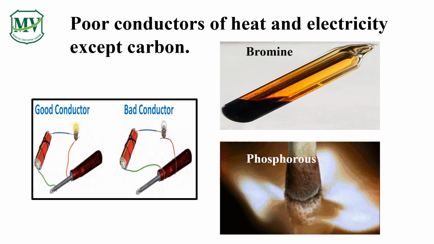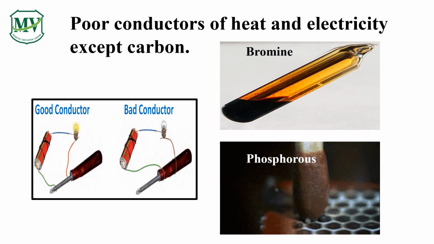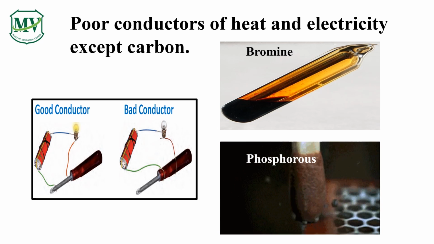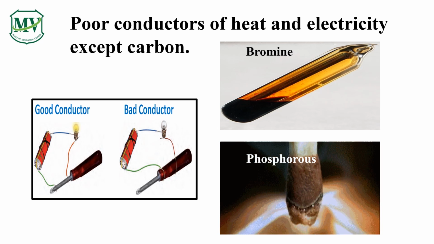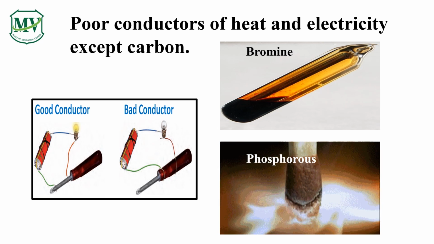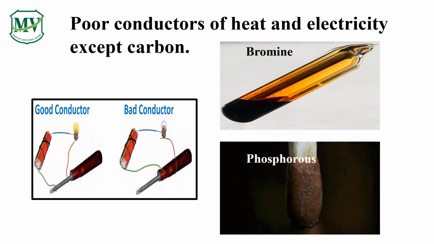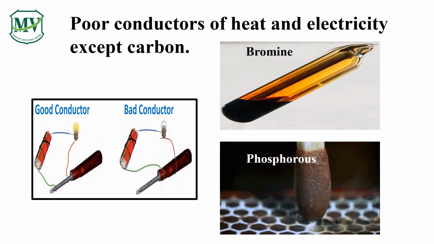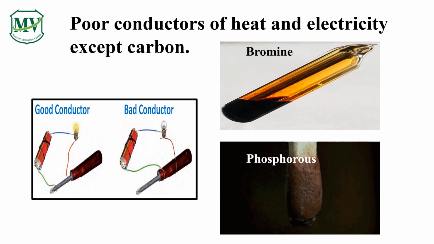You could not make electrical wires out of nonmetals, such as bromine or phosphorus, as nonmetals do not conduct electricity except carbon. If metals such as copper are good conductors of heat and electricity, well, nonmetals are not.